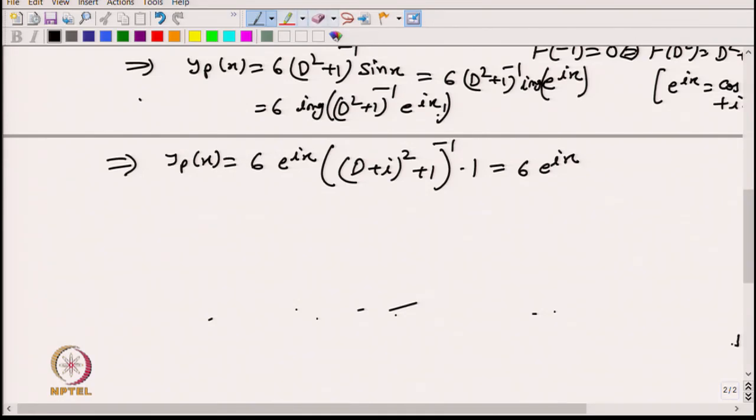So, do not forget to write the imaginary part. I will write here 6 and then the imaginary part of 6 e^(ix), and this one I can expand.